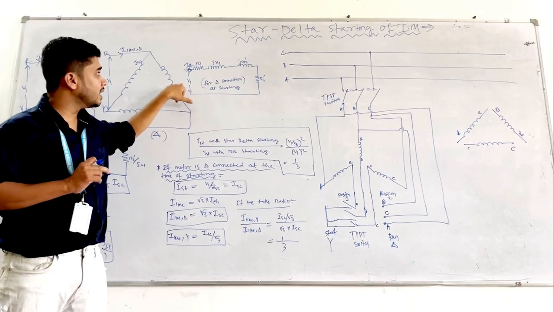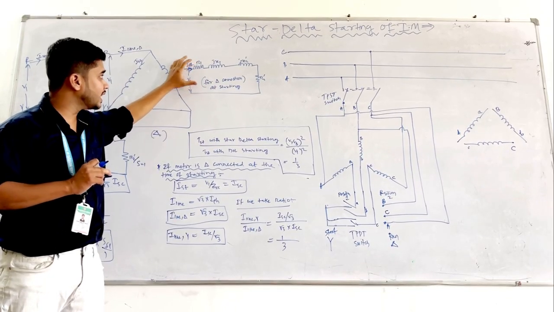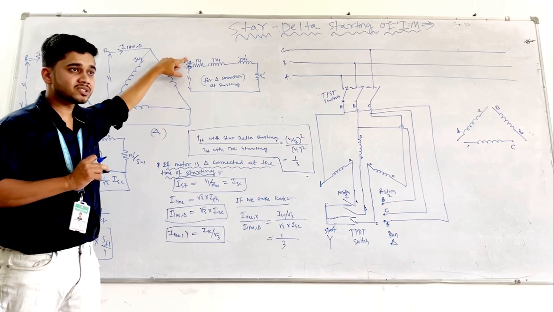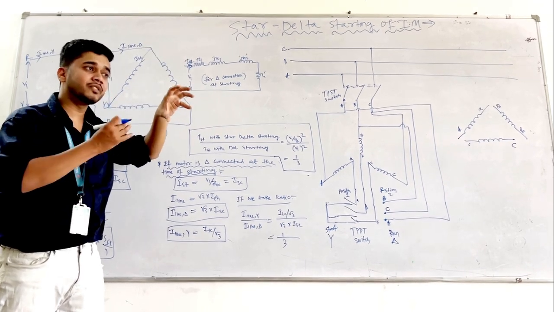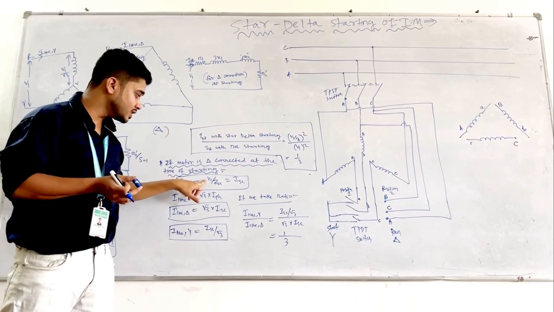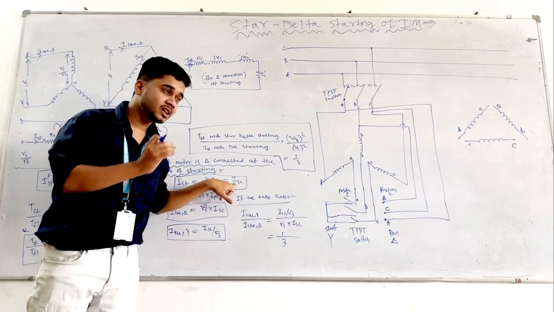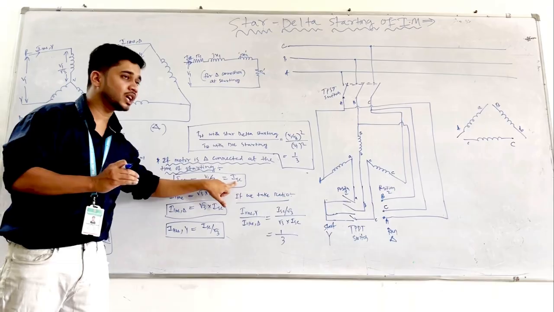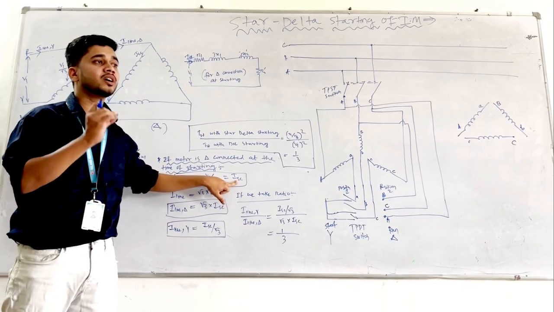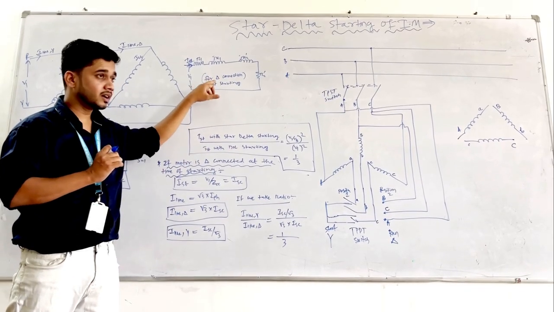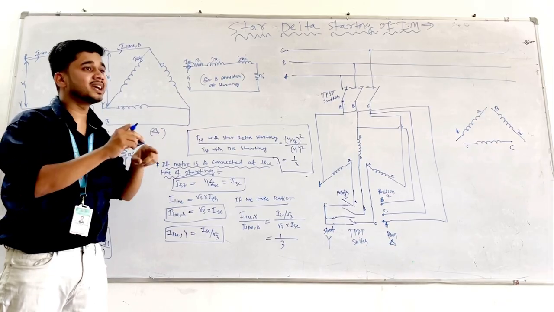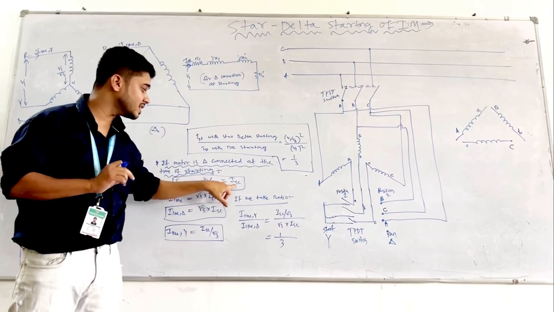And from this, tell me what is the starting current? Starting current is applied voltage divided by ZSC. So applied voltage is V1 divided by ZSC. But V1 by ZSC is ISC. So starting current is simply equal to ISC in case of delta connection.